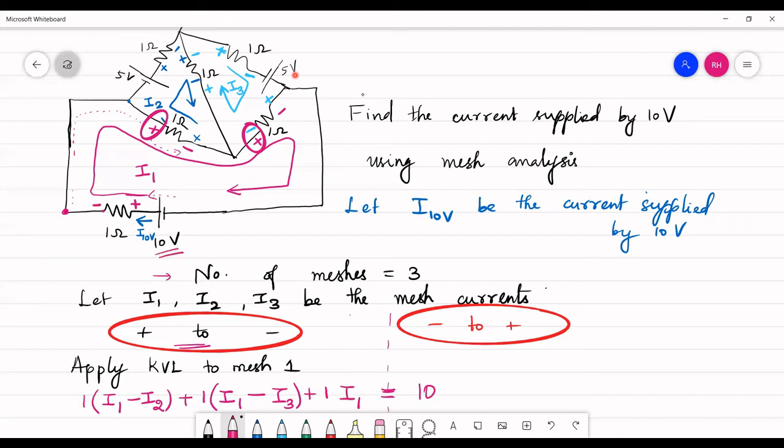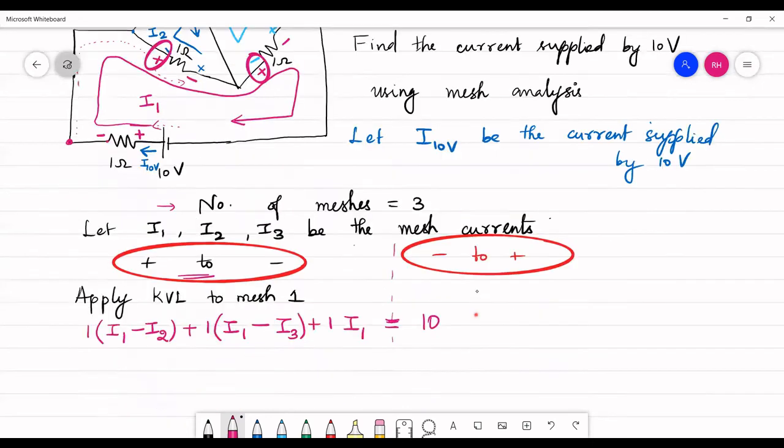It should not be written as 10 into I1, because 10 volt directly points that it is a voltage value. 10 is already volt. V into I is going to be power. So if you write 10 into I1, that is not a voltage, that is going to be a power.